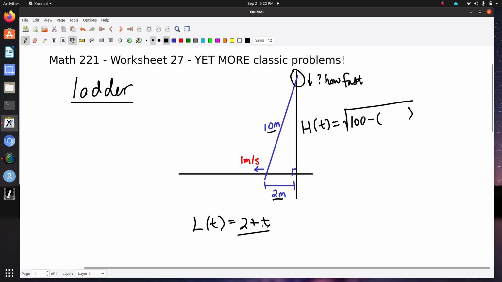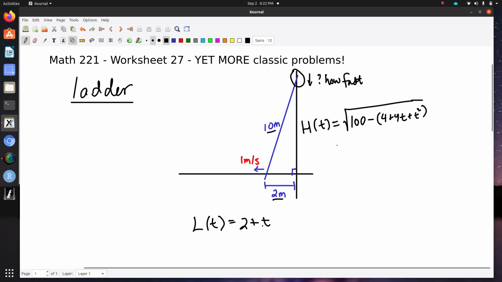So what is the square of that? Let's see, if we square that, we get 4 plus 4t plus t squared. All right, that's what happens there.